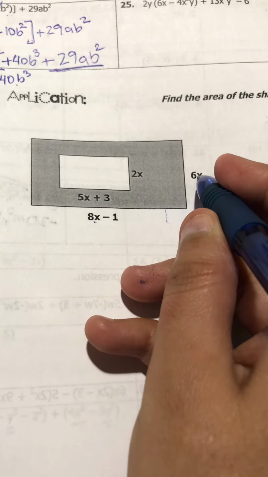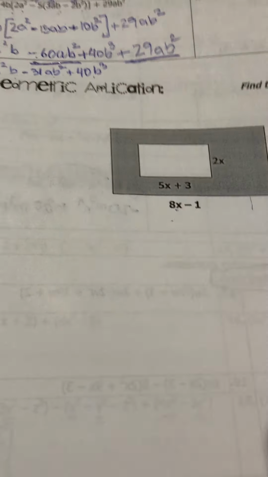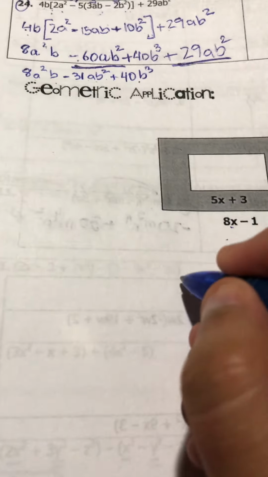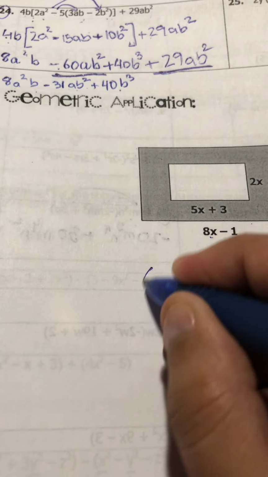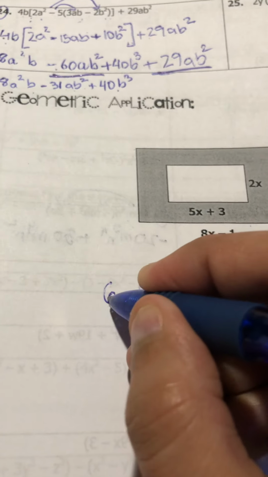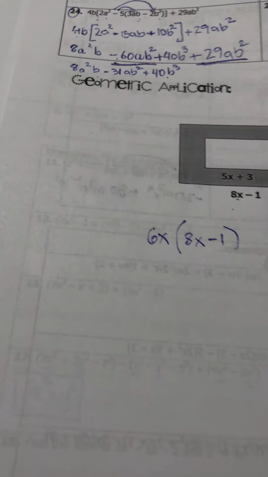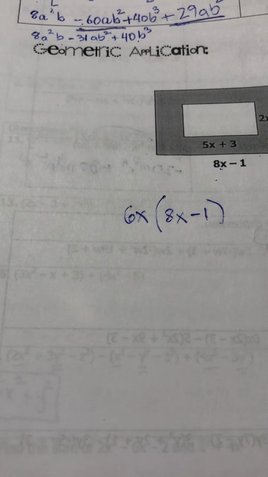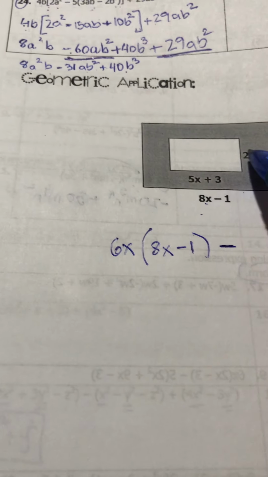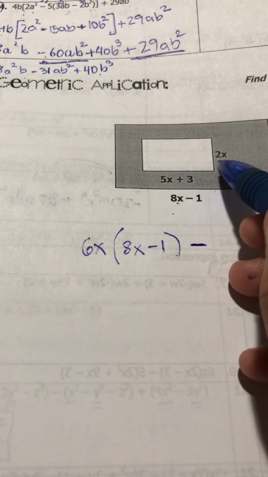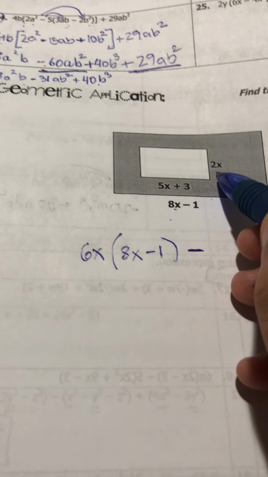So the area of the big outside rectangle would be, area is length times width. So I'm going to do 8x minus 1 times 6x. Can I write it like this? A monomial times binomial. From this expression, I'm going to subtract the area of the inside rectangle.